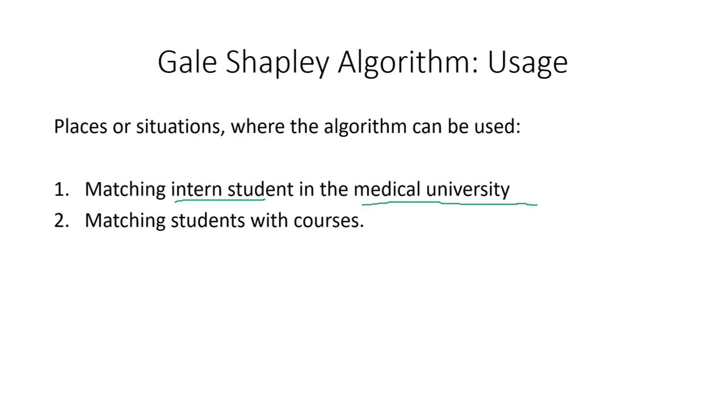As you know, in medical university, they need to have something like an internship in the hospitals. Another example is matching students with courses. Each student has their own preference list of courses, and the Gale-Shapley algorithm can be used to solve this kind of problem.